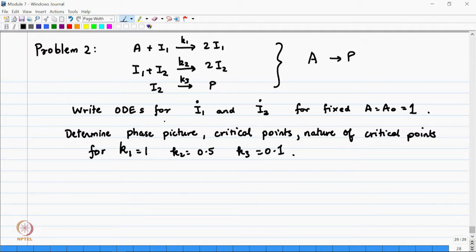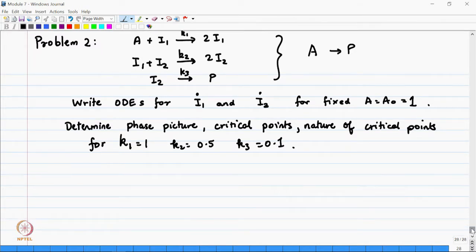So, I have asked you to write the ODEs for I1 dot and I2 dot for fixed A equal to A0 equal to 1, and then you determine the phase picture, critical point, and nature of critical points for this problem. Okay. So, this is fairly straightforward.